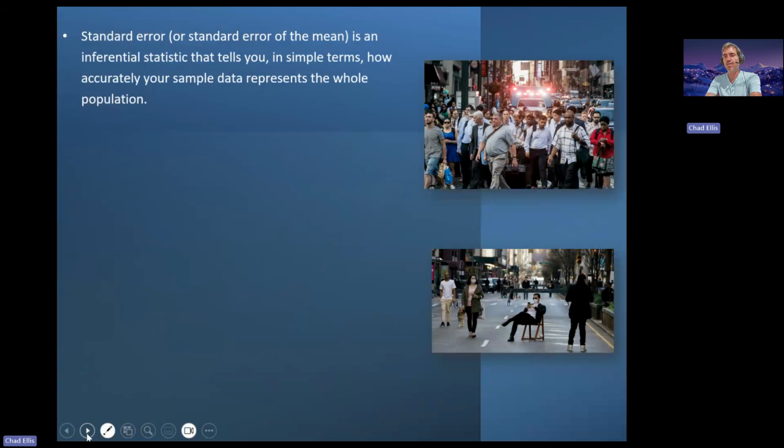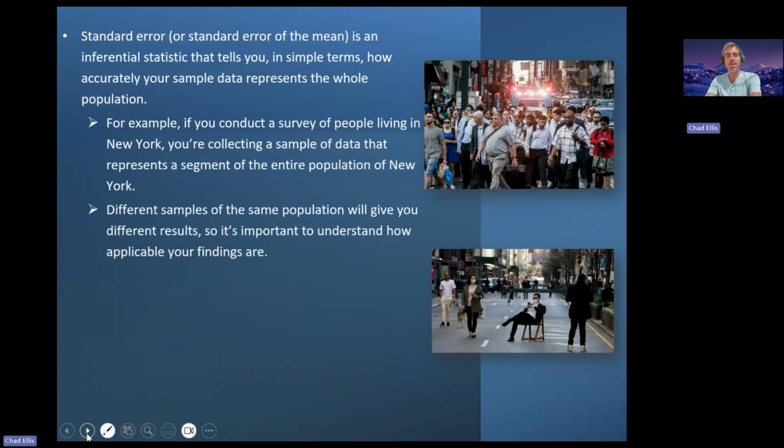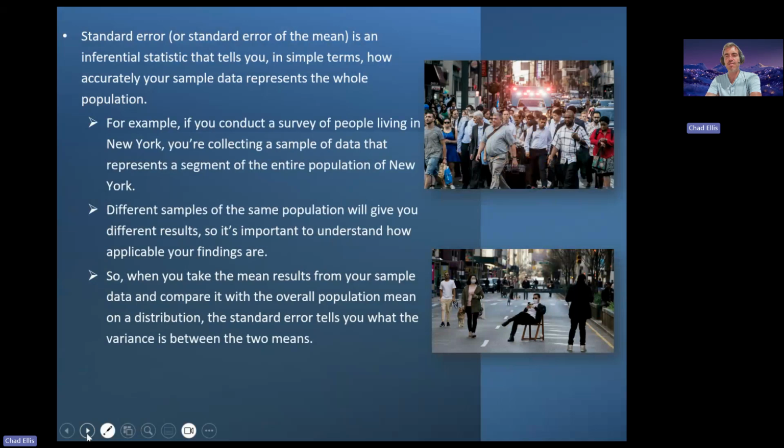Those neighborhoods give you a sample mean, and you use that sample mean to estimate the population mean across all of Manhattan, or maybe the total city of New York. The standard error of the mean also tells us how much variation we should expect between our different sample mean values.